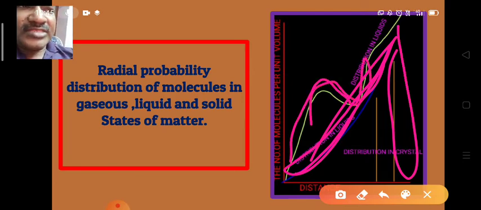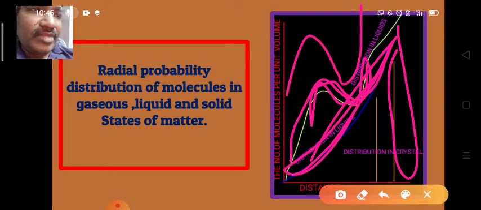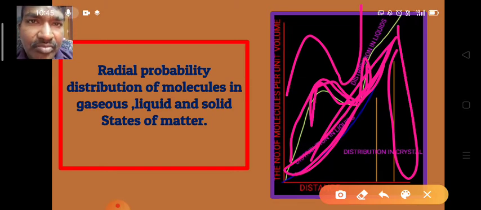Look at the maxima and minima. That means in liquids we find some order in the arrangement of the molecules, like in the solids somewhere, and somewhere we don't observe any particular order, like in the gases.